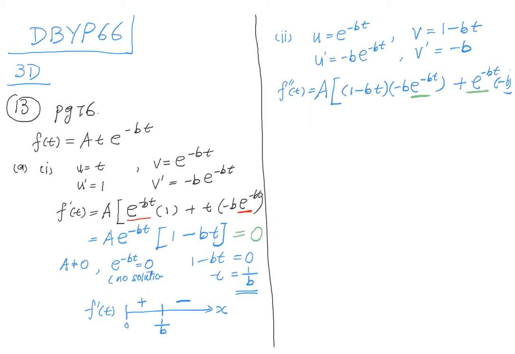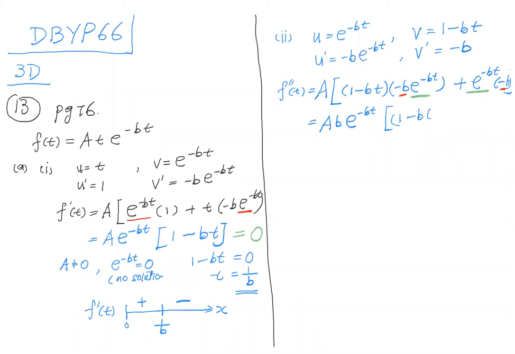One more is the b. So we take out both. A, b, e to the power of negative bt. So left with 1 minus bt.